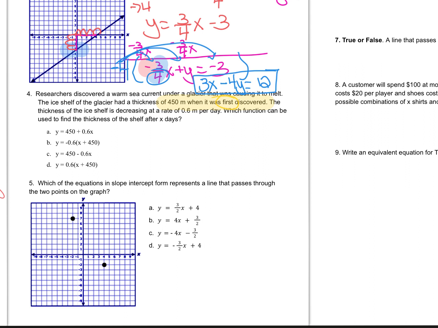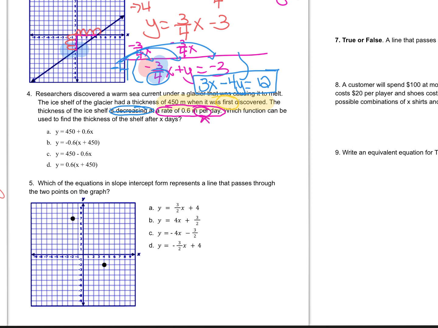And then what else do I know? I know that it's decreasing, okay, at a rate of 0.6 meters per day. Okay, so there are a couple of keywords in here. We know that decreasing means, of course, negative, and a rate of 0.6 meters per day.